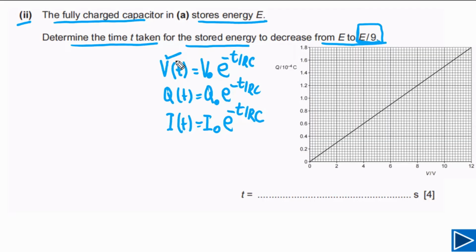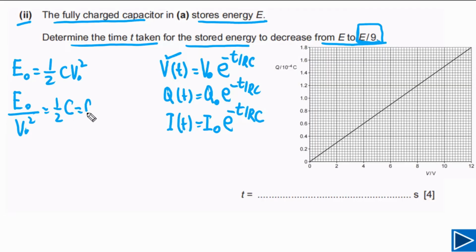So we will find out the value of V when the energy stored in the capacitor is E by 9. So let's start to find out the value of V. Energy stored in a capacitor, let's say this is E naught, will be equal to 1/2 C V naught squared. But in this case, we can write E naught over V naught squared, this will be equal to 1/2 C. The capacitance of the capacitor is constant.